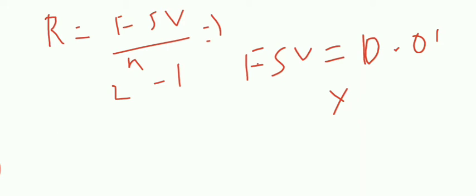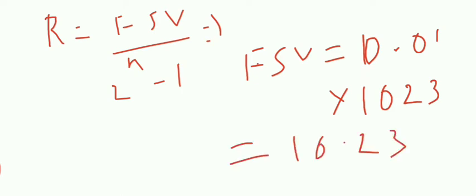So 2 power 10 is 1024 minus 1, 1023. So FSV is 10.23 volt, right? Okay. So we got FSV. So full scale volt is 10.23 volt, right?